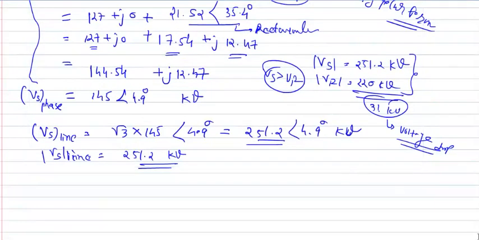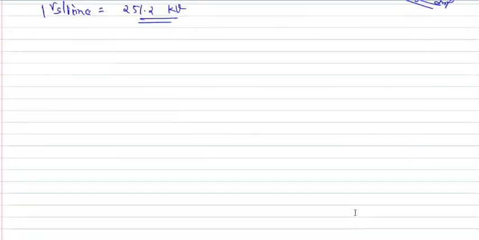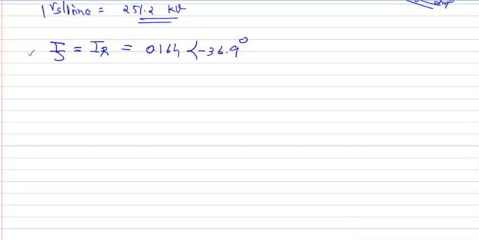So now I will calculate Is. Is is basically IR, and IR we have already calculated, that is 0.164 at an angle of minus 36.9. So we don't need to calculate anything. It is in kiloampere. So we have calculated Vs and Is. Now what about cos phi s?